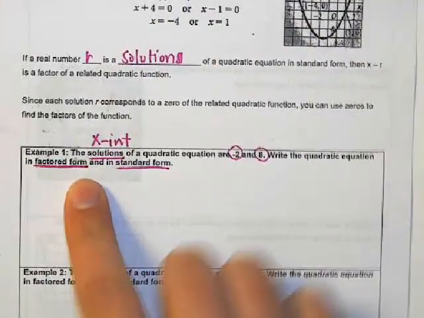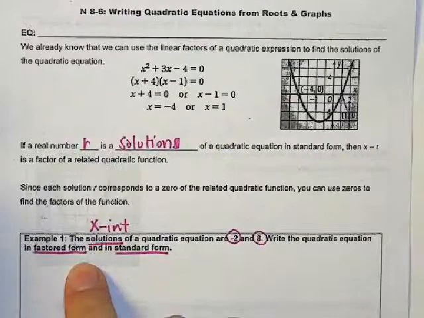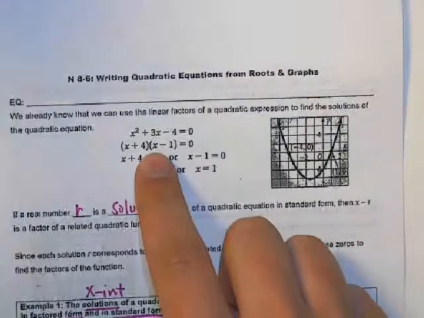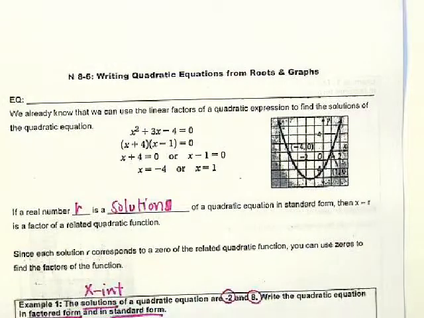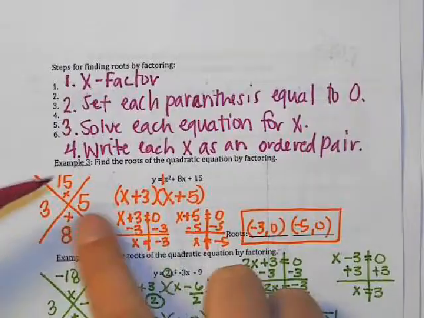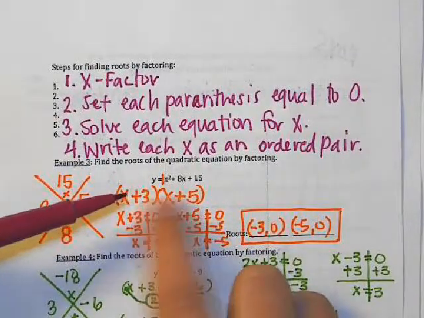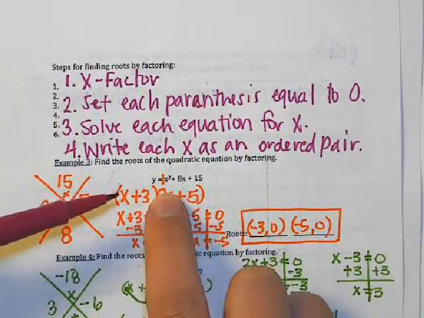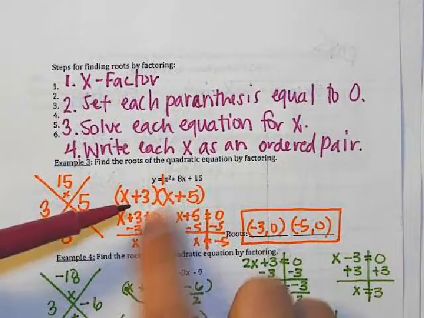Okay, factored form. What does that mean? If I factor something, what does my answer look like? It's in parentheses. So if we were to factor something, this right here would be my answer if I'm just factoring, right? But because I wanted my x-intercepts, I went ahead and solved.